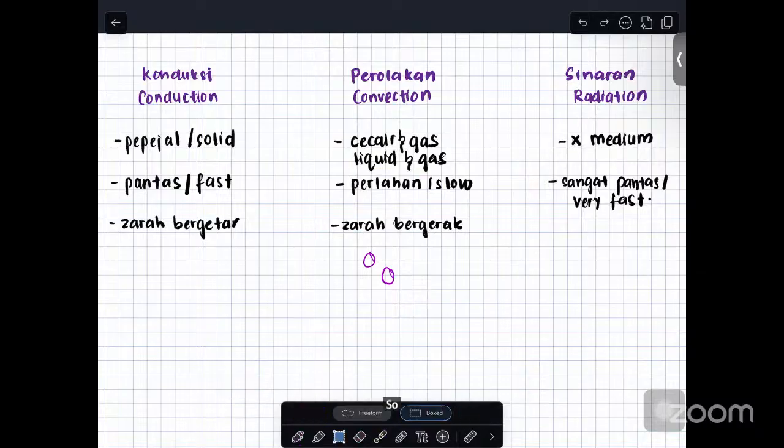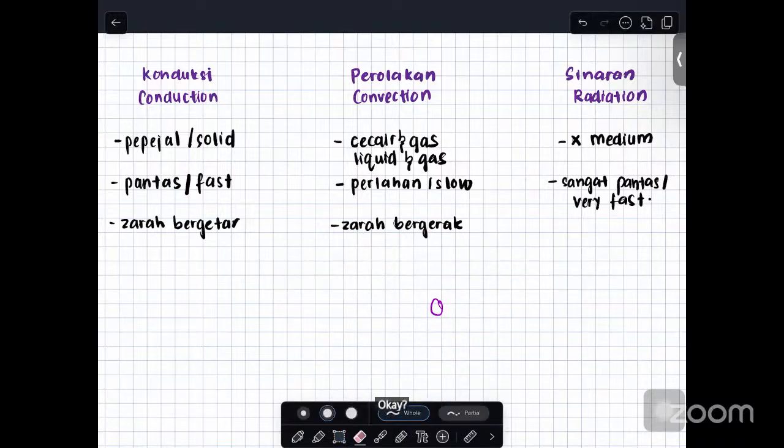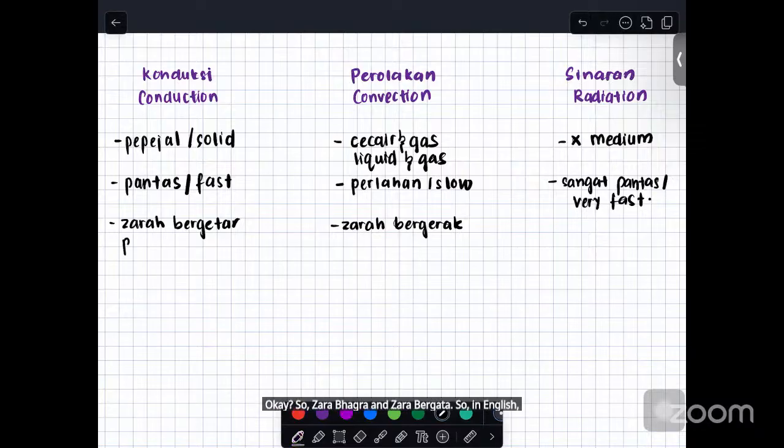So, the particles, they will flow. They will move freely. Okay? So, zarah bergerak and zarah bergetar. So, in English, particles vibrate. And here, particles move.